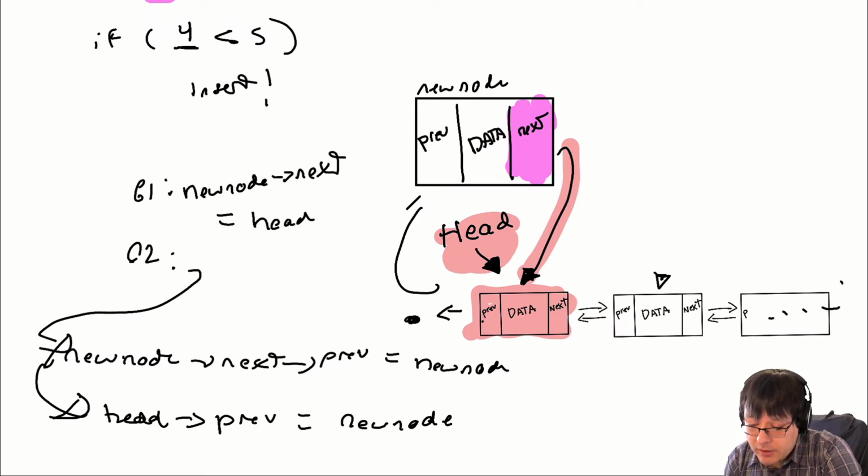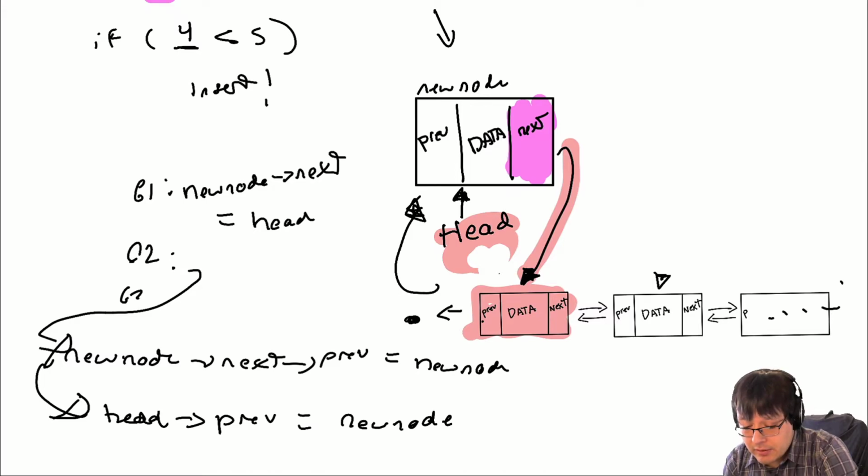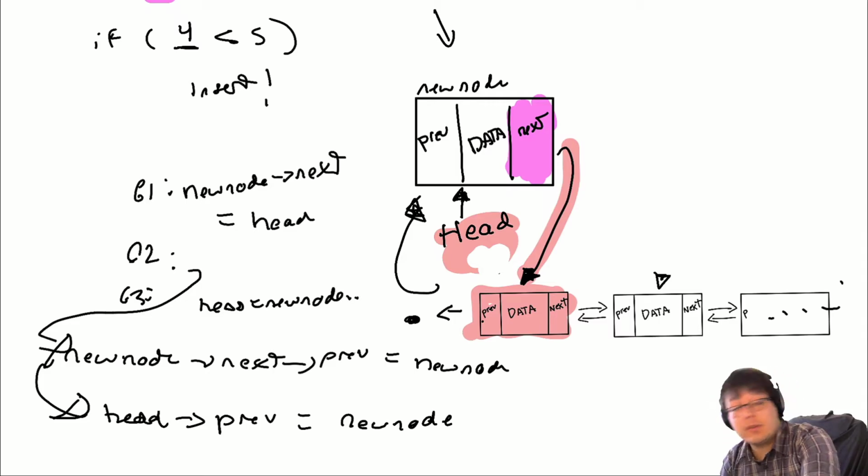Finally, because this is now a new head, we need to flip the head pointer to point to this node instead of that. We do that in line 63, which says head gets new node. And that takes care of inserting at the beginning.